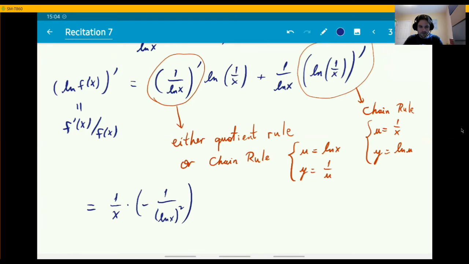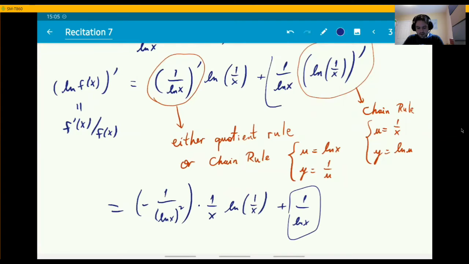And that would be your outer function in this case. I guess I should probably start with that term, multiply by 1 over x. That's usually the order that we do things in the chain rule. Of course, it doesn't matter. But all right. So you have this plus 1 over ln x. This term is this one up here.